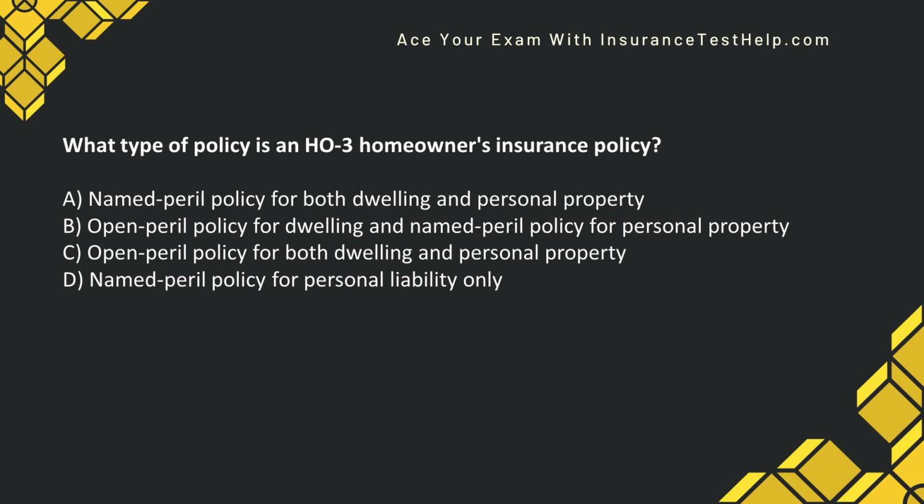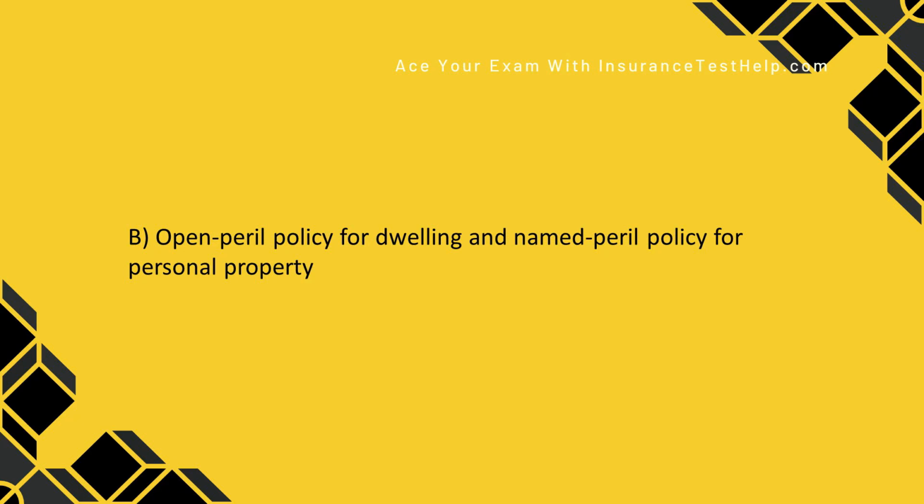You really do need to get some mind tricks to know the difference, because there will be several questions about the different types of HOs, and some of them may be except questions where they're just trying to kind of trick you a little bit. So just make sure you brush up on some of the main ones, okay? An HO3 is an open peril policy for dwelling and a named peril policy for personal property. So just keep in mind as you look at the different HO policies, which is which.